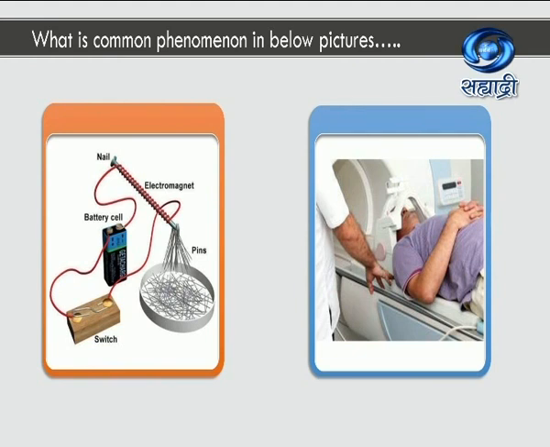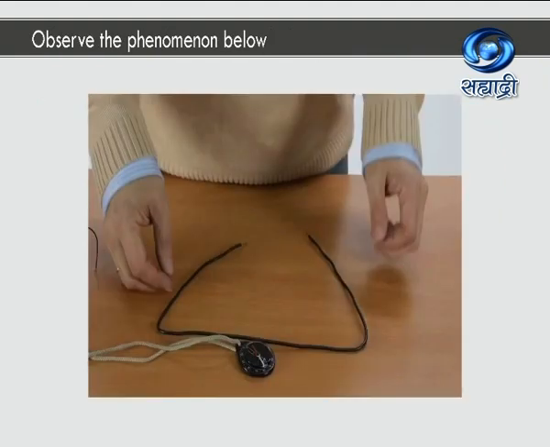Likewise, in medical science, we have MRI scans. There is a huge machine, a coil through which current is passed. There are a huge number of turns, and as per the requirement, we can increase the magnetic field produced around that coil. The head of the patient is kept inside the coil which is around him.